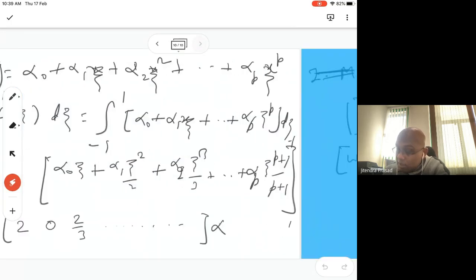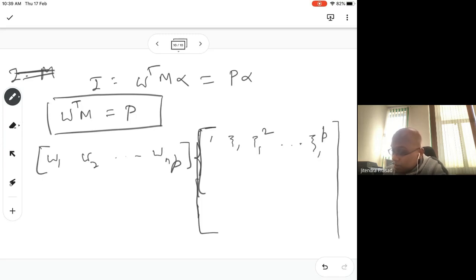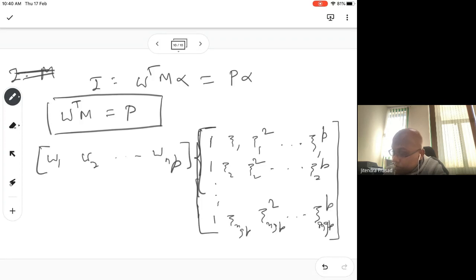So 1, xi1, xi1 squared to xi1 to the p, 1, xi2, xi2 squared to xi2 to the p, till 1, and we have xi ngp, xi ngp squared to xi ngp to the p.